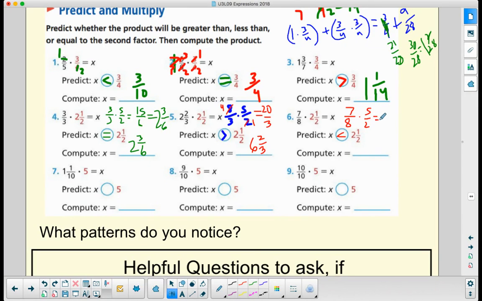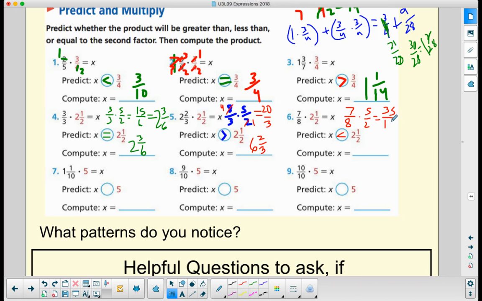I do not have any common factors here or here. 7 multiplied by 5 is 35. I do have common factors in 8 and 2, but they're both in the denominator, so it wouldn't be the same as making an equivalent fraction.